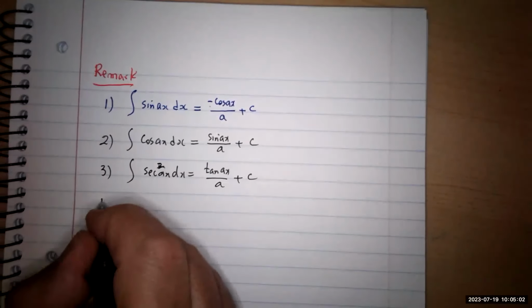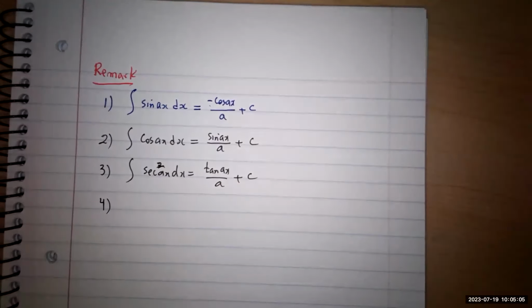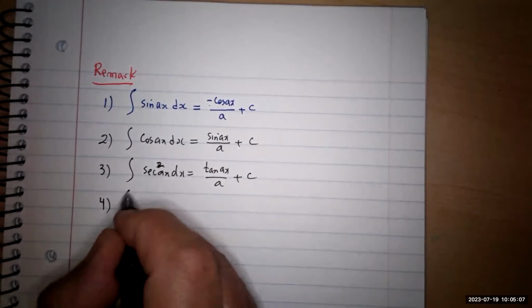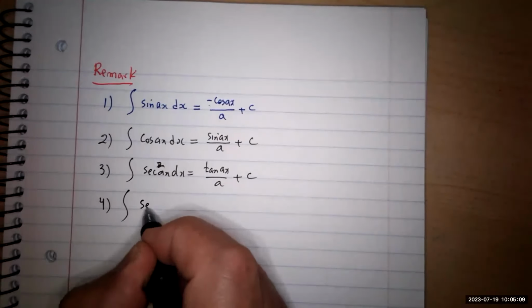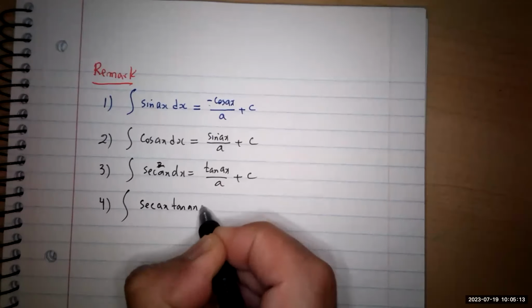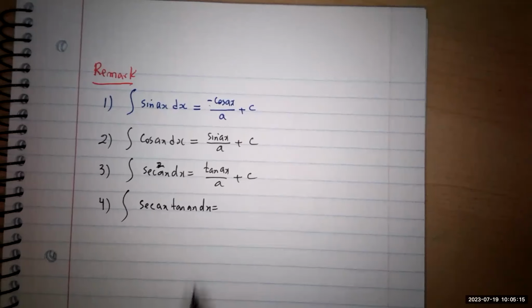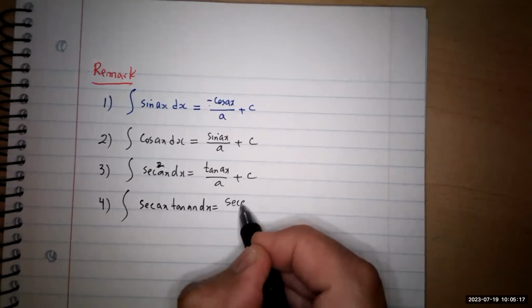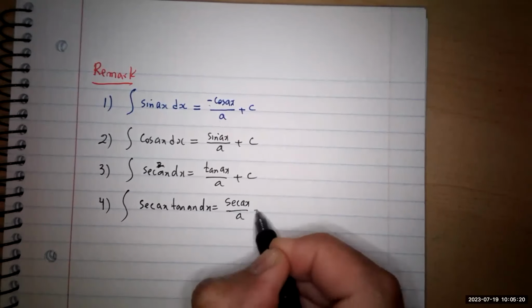It's mostly with sine and cosine in application problems, but you can do it also with secant tan. The integral of secant of ax tangent of ax dx gives you secant of ax divided by a plus c.